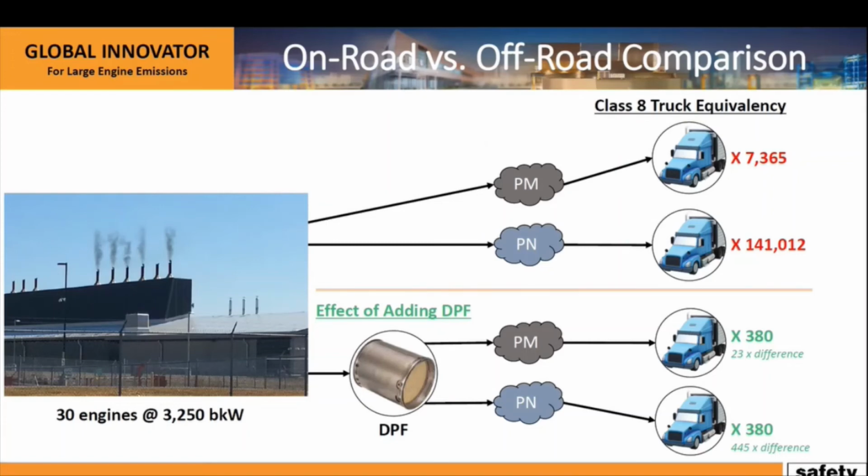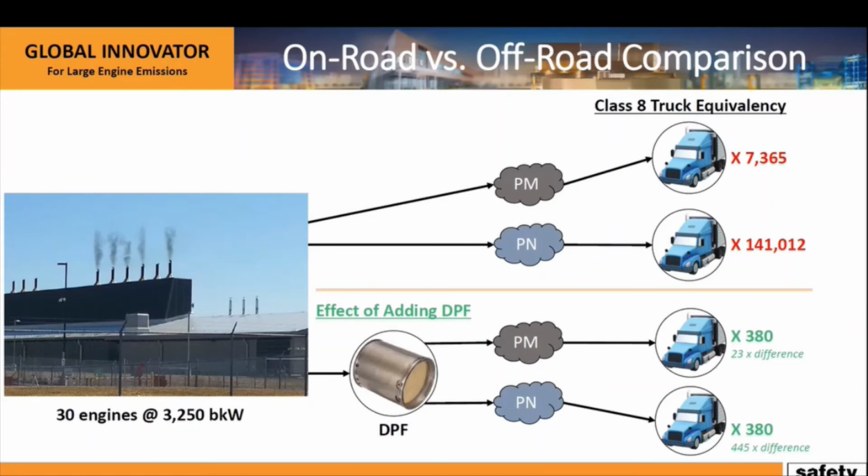So let's just take as an example, depending on the data center, there could be a different number of engines and configurations. But let's take a nice round number, 30 engines. That's relatively typical for a building, maybe with 2 phases.